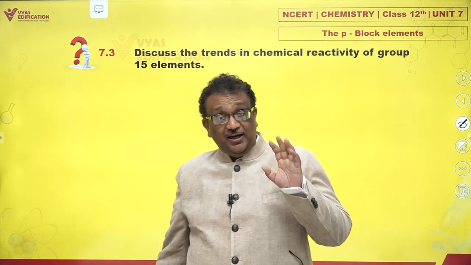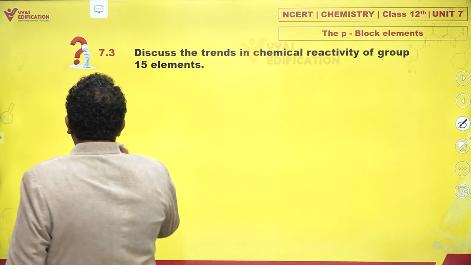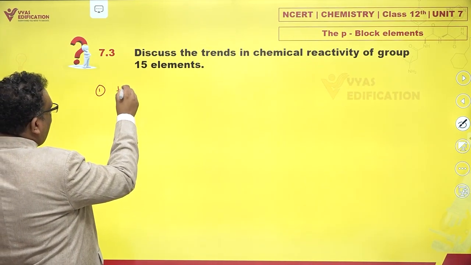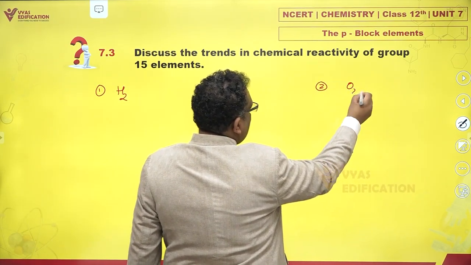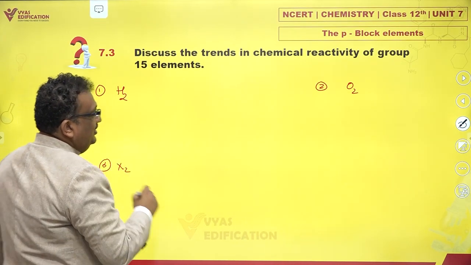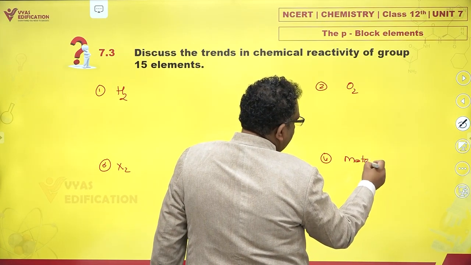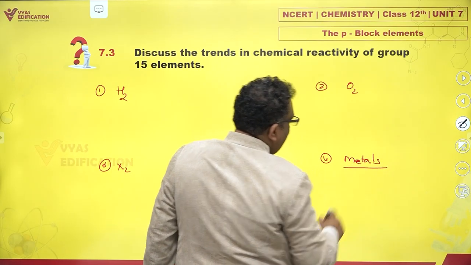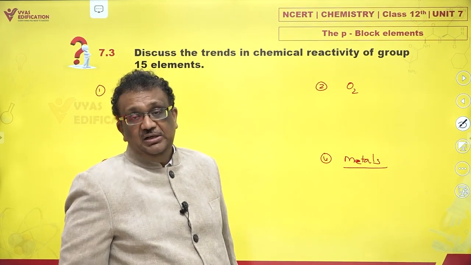NCERT, when it comes to chemical reactivity, mentions four points. One, reactivity with hydrogen. Second, reactivity with oxygen. Third, reactivity with halogens. And fourth, reactivity with metals. Out of these, the correct answer to this question is only in the fourth part, which is metals.